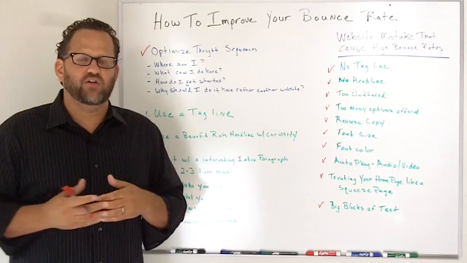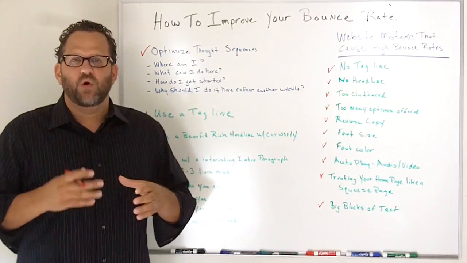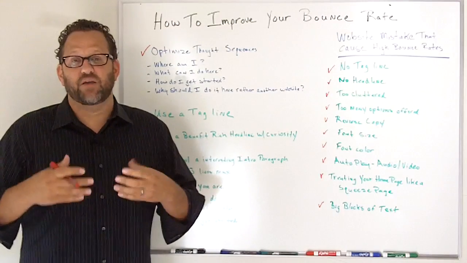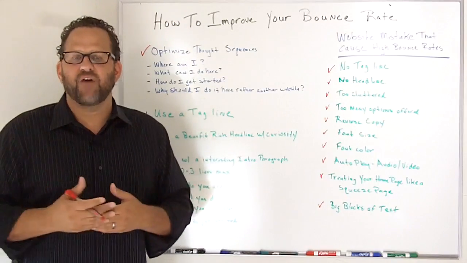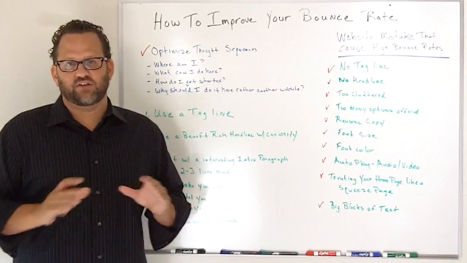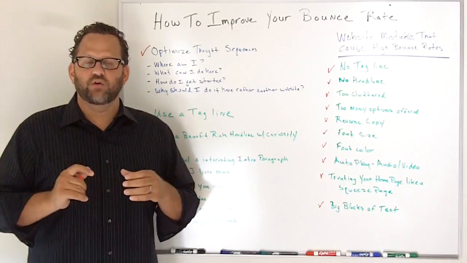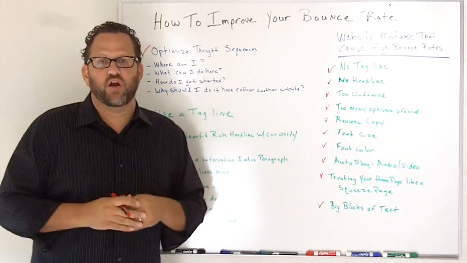How long are they staying on your website? Are they clicking other pages? Do you have a high bounce rate? If you have a high bounce rate, basically that's telling Google that people are coming to your site, but they're not finding what they're looking for, so they're going to start knocking your site down. So it's really important to get your hands around this problem and really start working on it.